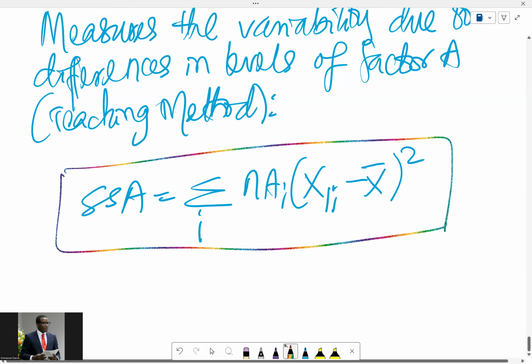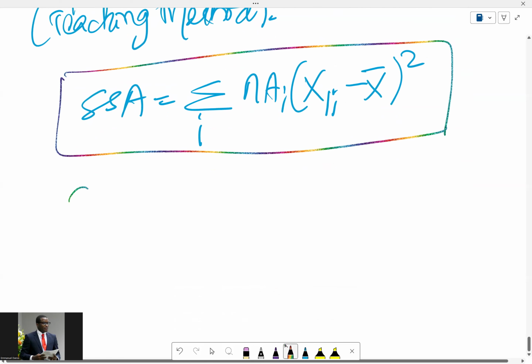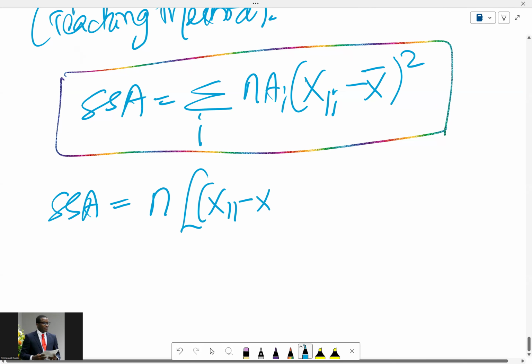So let's see how we compute the sum of squares for factor A. What this simply means is that SSA will be N, the number of observations, multiplied by (X11 minus X bar) squared plus (X12 minus X bar) all squared.